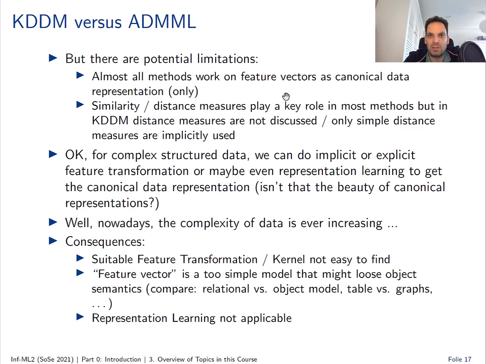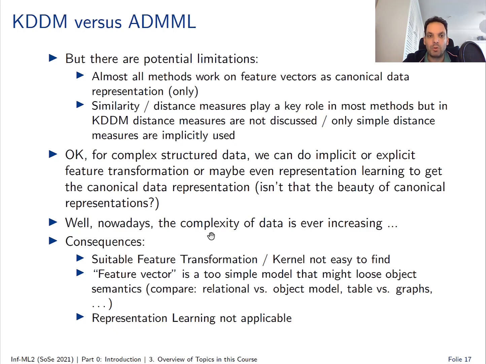And for complex structured data, as I just said, we can do implicit or explicit feature transformation, by hand, or maybe even learn the representation through deep learning approaches in order to get this canonical representation. That's exactly the beauty of this canonical representation.